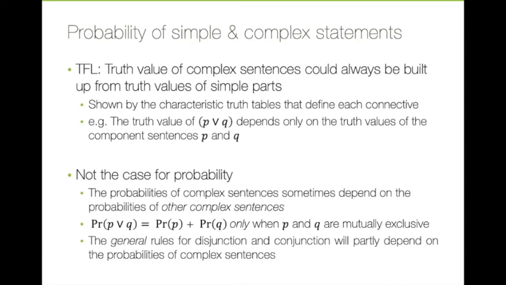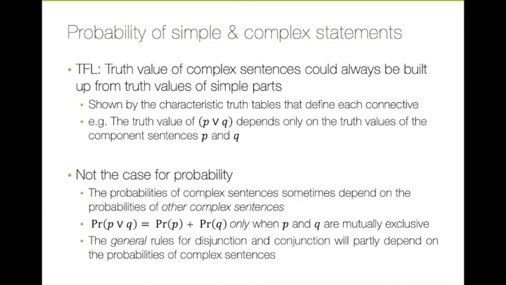So our rule for simple disjunction was one where the probability of a complex sentence only depended on the probabilities of simple sentences, the probability of P and the probability of Q. But that only worked when P and Q were mutually exclusive statements. The general rules for disjunction and conjunction, however, will partly depend on the probabilities of complex sentences.